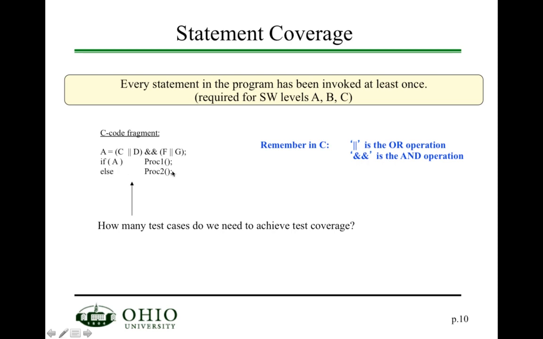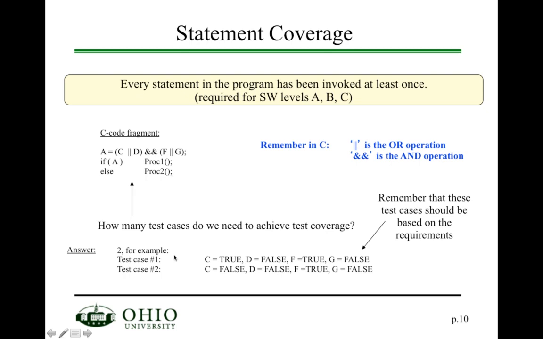In this case, test case 1 should be C true, D false, F true, G false, and this would result in this being true and that being true. In other words, procedure 1 being executed. And test case 2 makes this one false, this one true, and the outcome of this AND operation will be false.